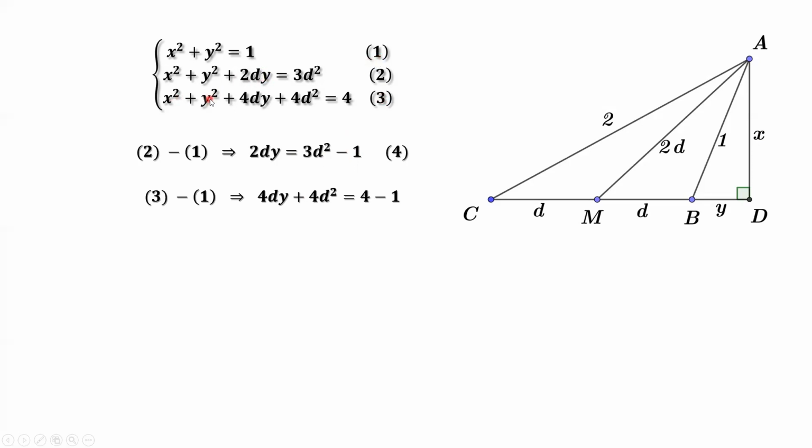X squared, y squared disappeared. The left-hand side is 4dy plus 4d squared. The right-hand side is 4 minus 1. Simplify this equation. Then we have 4dy equals negative 4d squared plus 3.